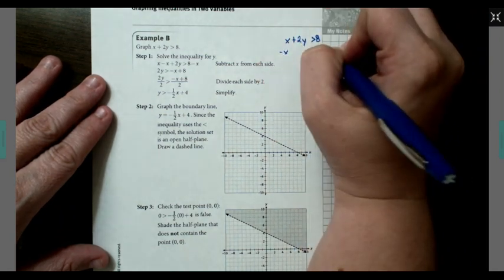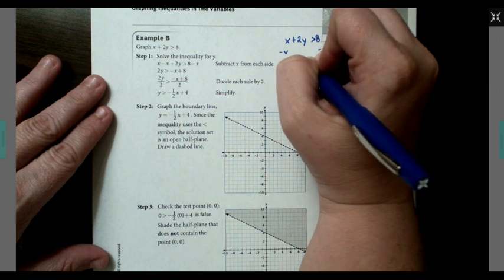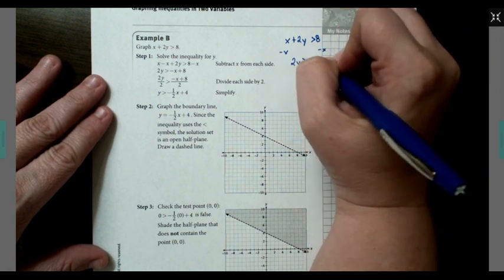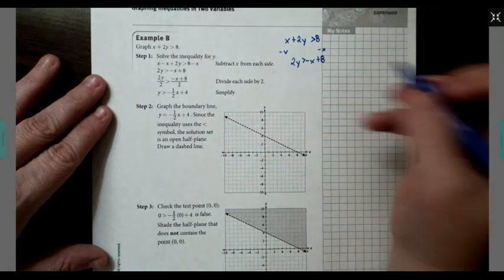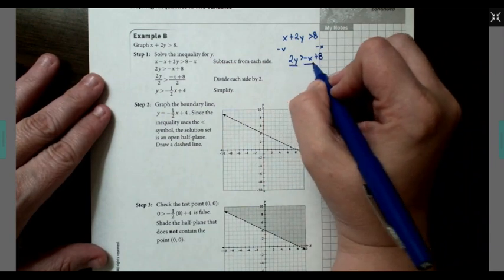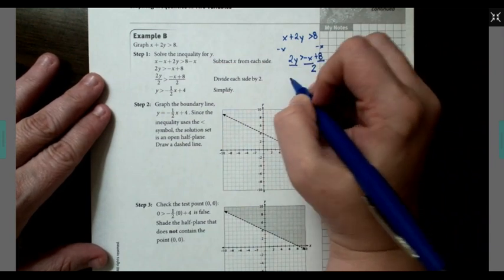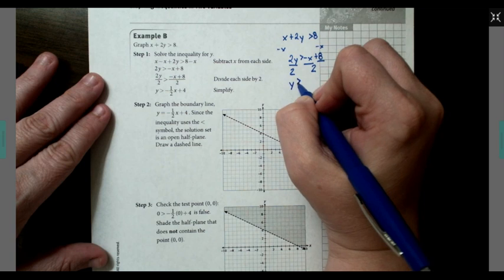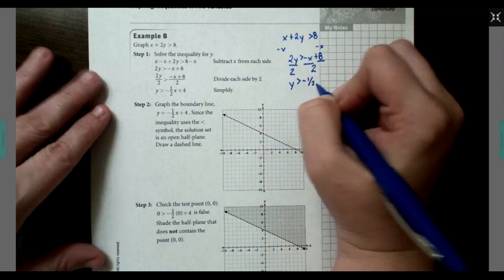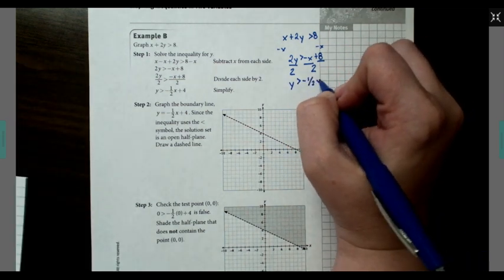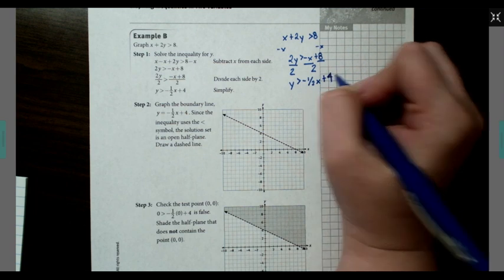Subtract x. We would have done 2y less than negative x plus 8. Then we would have divided everything by 2. y would have been greater than negative 1/2 x plus 4.